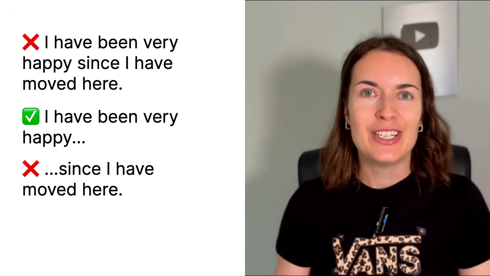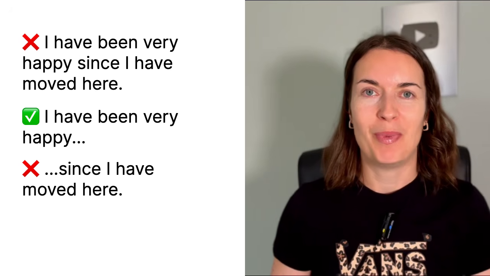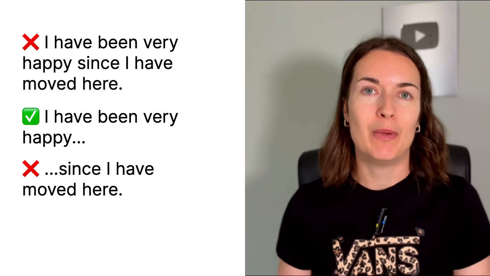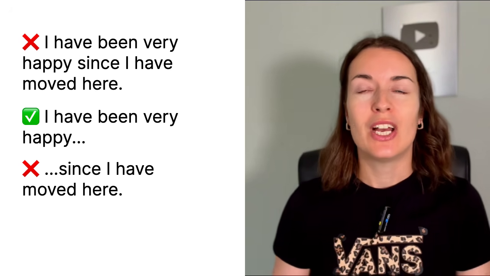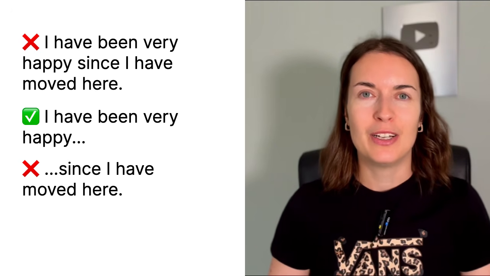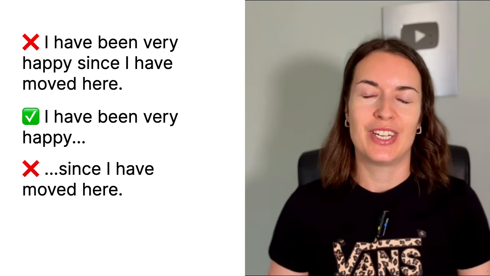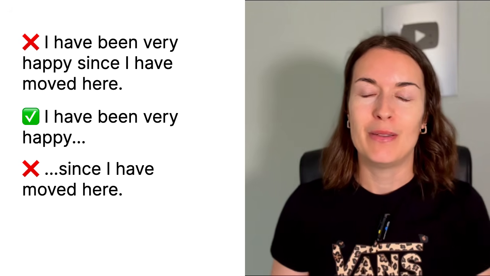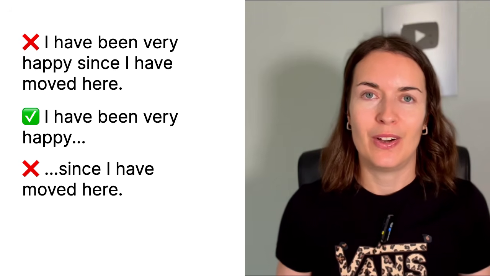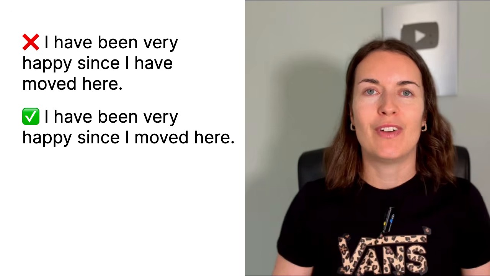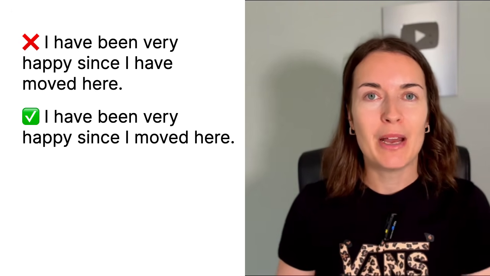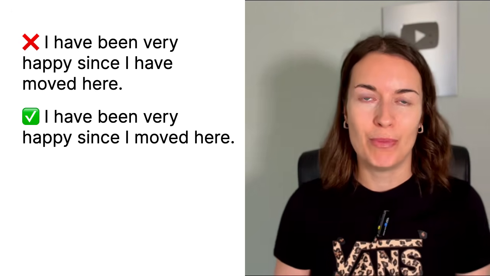So I need to mention this point in the past using the past simple because it was just a single event in the past. It was just a point in the past. I moved here, for example, 3 years ago. So the correct version of this sentence is I have been very happy since I moved here.